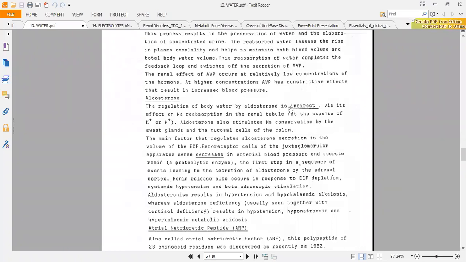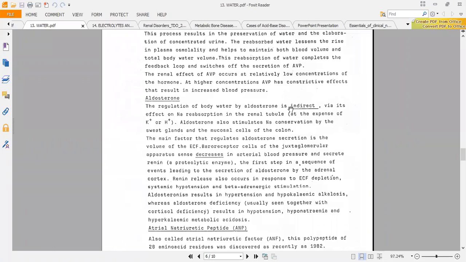Okay, now let me add this important point because it will help us to understand the electrolytes. Anytime aldosterone works, when sodium is reabsorbed, it is at the expense of either potassium or hydrogen.